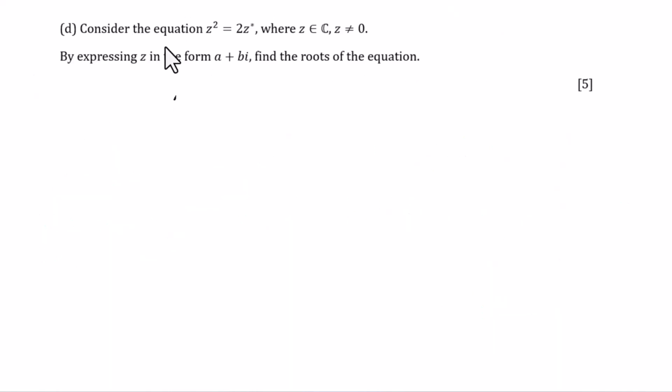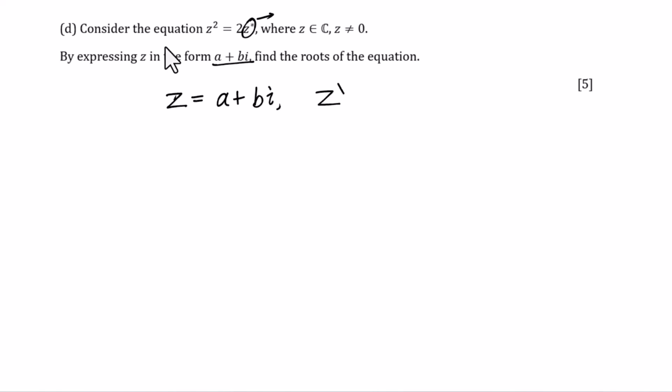D. Consider the equation z squared equals 2 times z star, the conjugate of z, where z is a complex number. z is not equal to 0. By expressing z in the form a plus bi, find the roots of the equation. z equals a plus bi.